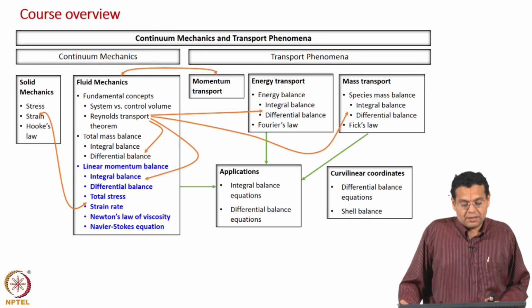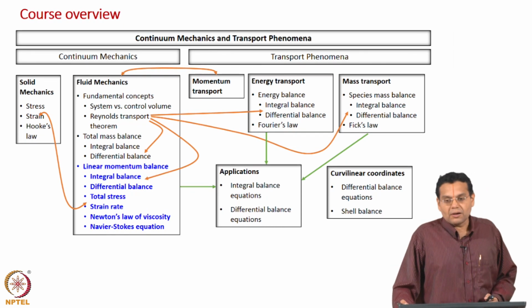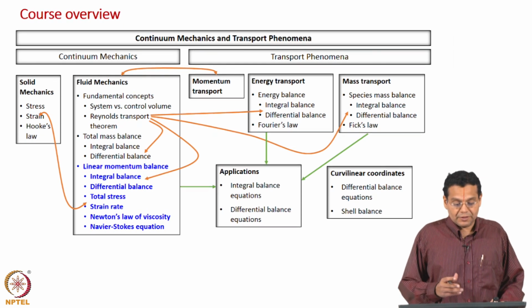Having derived the velocity distribution and the pressure distribution, now we will do what we did for plane Couette flow, that is, link all the concepts which you have learnt with this Poiseuille flow.